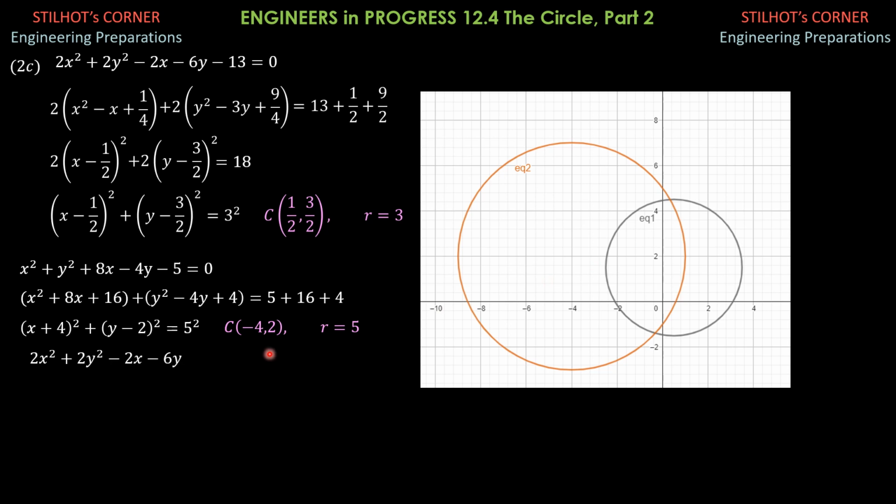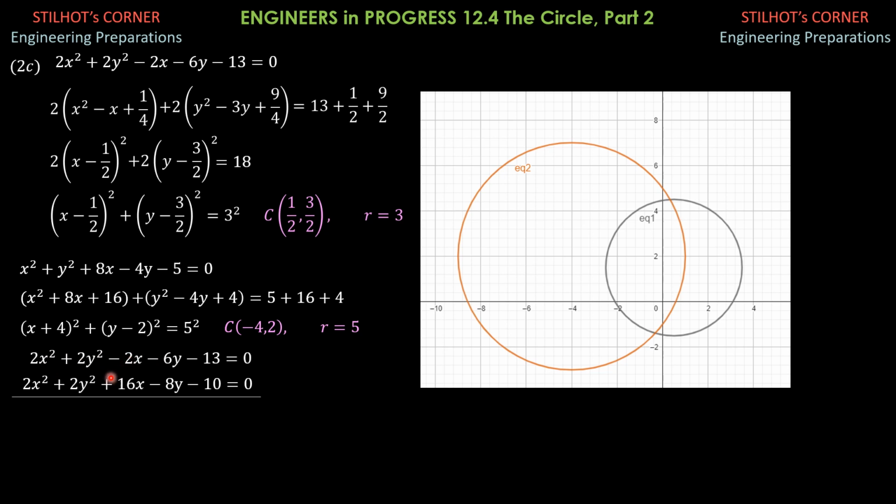Then for the radical axis, this is the first circle, 2x squared plus 2y squared minus 2x minus 6y minus 13 equals 0. So that we can eliminate the x squared and y squared terms, the second equation of the circle should be multiplied by 2. So it becomes 2x squared plus 2y squared plus 16x minus 8y minus 10 equals 0. We subtract this second equation from the first.